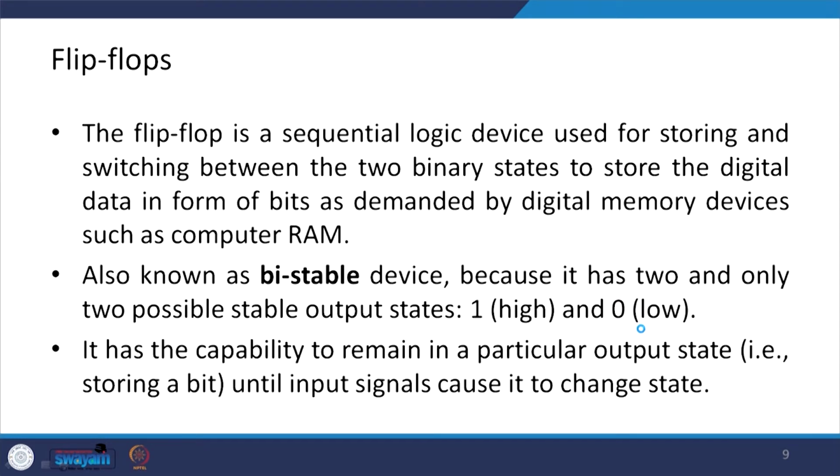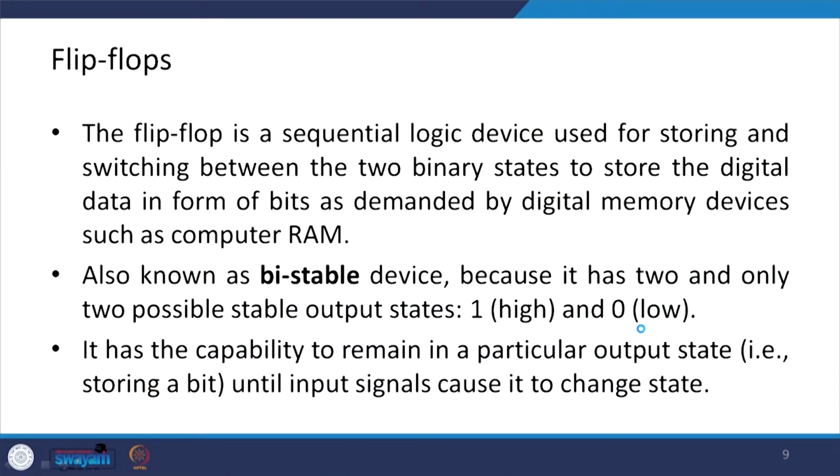Now, let us look at the flip flop. The flip flop, as I discussed just now, is a sequential logic device used for storing and switching between the two binary states to store digital data in the form of bits, as demanded by digital memory devices such as computer RAM.